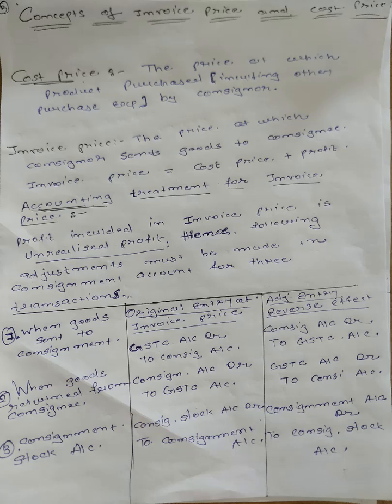Suppose the invoice price is rupees 100 and profit is 20. So the actual price is 80. Now you write on the debit side that you sent goods worth rupees 100 on consignment. Now 20 rupees must be credited with a reverse entry. So at the end of the accounting treatment, 100 is debited, 20 is credited.